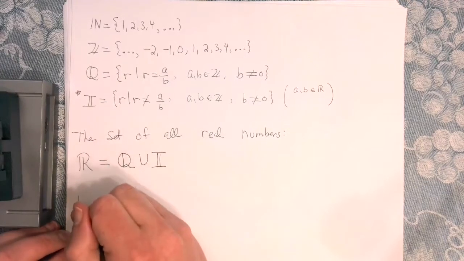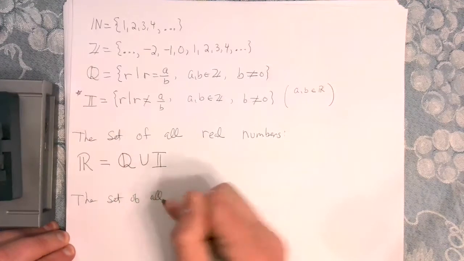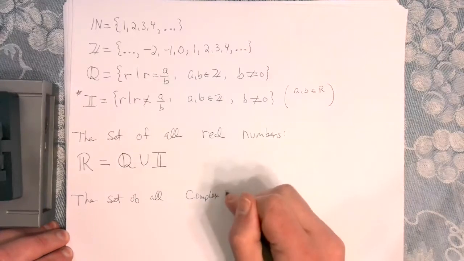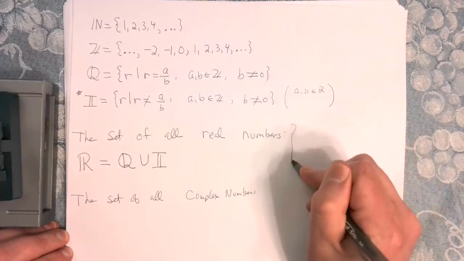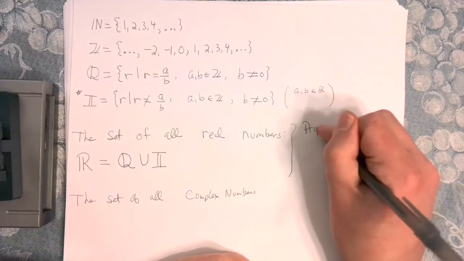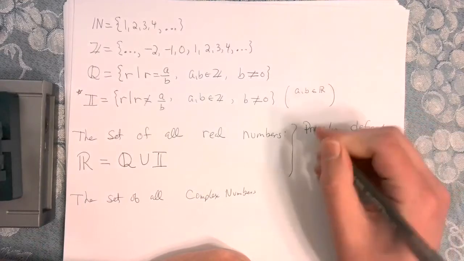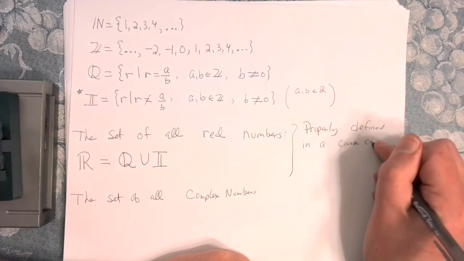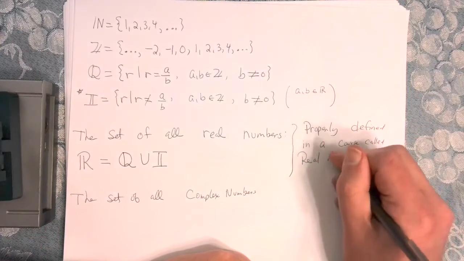And then finally, what we want to talk about is the set of all complex numbers. And I think I'm just going to put a little caveat here. Properly defined in a course called Real Analysis.